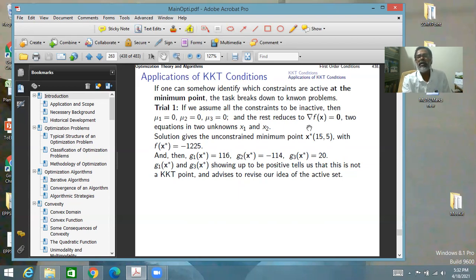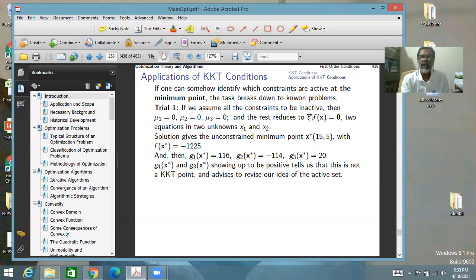Then the rest reduces to this grad f equal to 0. Because in the gradient condition, if you put mu1, mu2, mu3 equal to 0, and there is no equality constraint either, then only grad f will survive. And this should be so because if all the inequality constraints are inactive, then the solution is in the interior of the domain, and that would mean it is practically equivalent to unconstrained optimization locally.